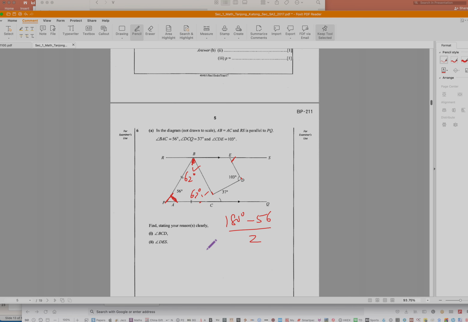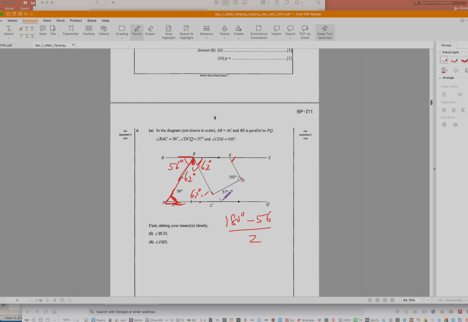Hold on. This is 56 because Z, alternate. So this is 62. Which is 62 also, right?